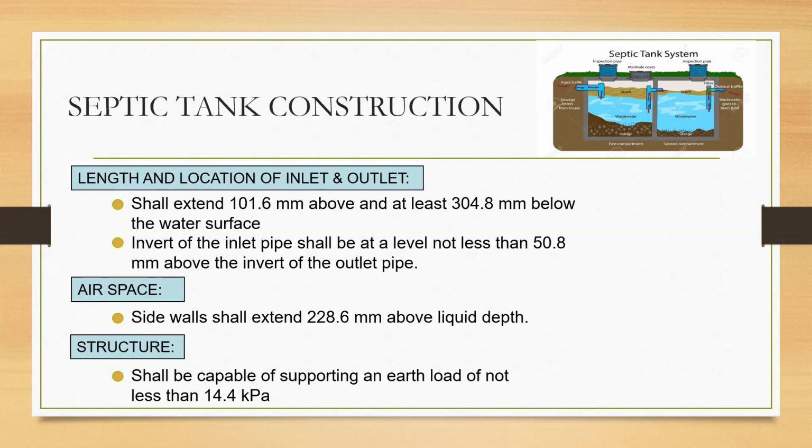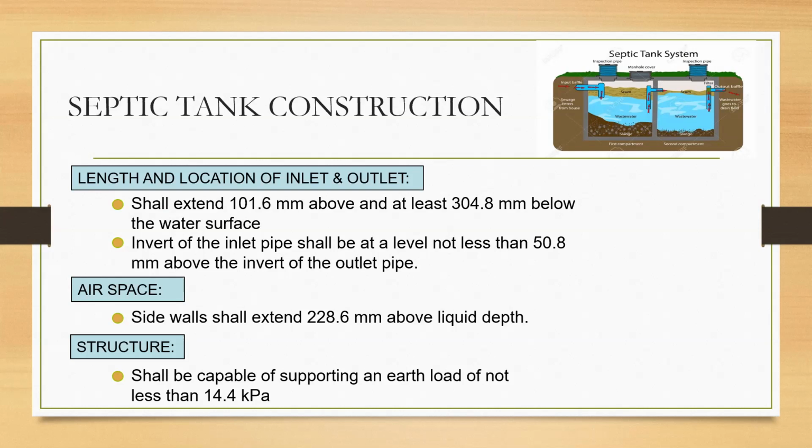Now, kaya po T yung ating ginagamit dito para hindi pumasok dun sa susunod na chamber, maiwasan po yung pagpasok ng solid particles dun sa susunod na chamber. So, ang iba po kasi, yung ginagamit nila, yung tubong diretso lang, which is mali po yun. Okay? So, meron po tayong from the T, no? The dimension should be 304.8 mm below the water surface. So, maglalagay po tayo ng spool doon.